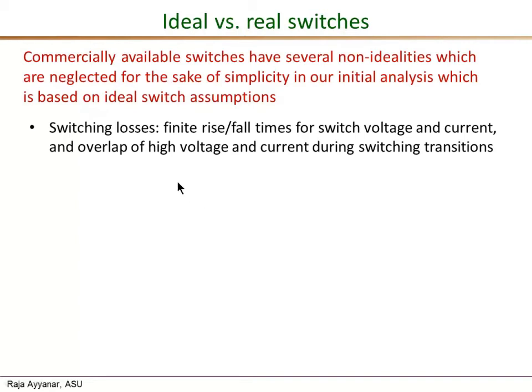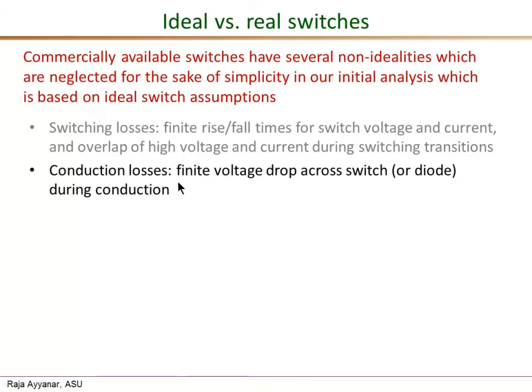The first one is switching losses. When we give the gate drive to turn on or turn off, there is a finite non-zero time during which the voltages or the currents are rising and falling, and during those transitions there is an overlap of very large currents and voltages, and that results in very high instantaneous switching loss. And the higher the frequency, the higher the average switching loss. So that is one main non-ideality.